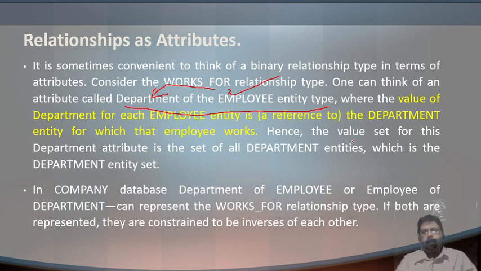And that is done by creating a relationship. Here the value of the department for each employee entity is a reference to the department entity for which that employee works. That is what we call relationship as attribute.